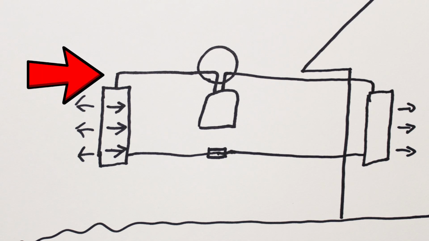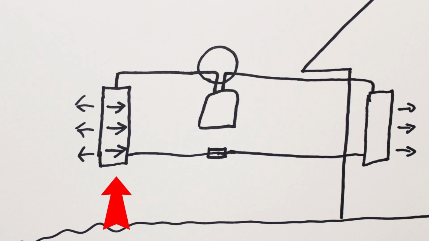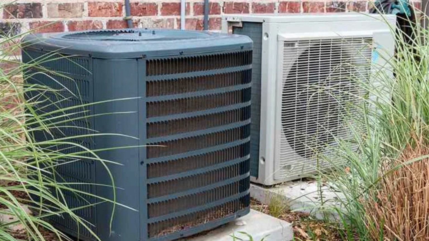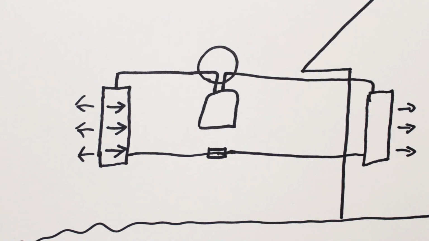I'm going to start up here in the top left. So you have the outside coil, and you'll often see these outside of a building. At the beginning of the video, I showed a few different images of these outdoor coils and what they look like. I'm sure you've seen these before. They're usually roughly the same size, and they can be many different colors. They can be black, gray, white, silver, whatever.